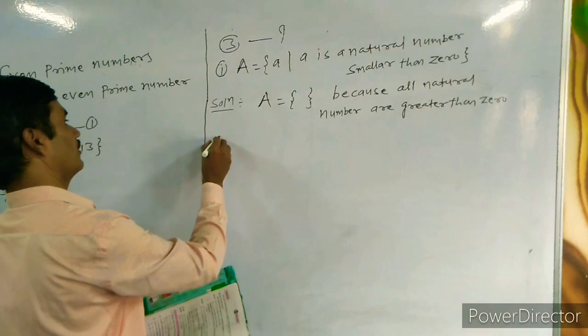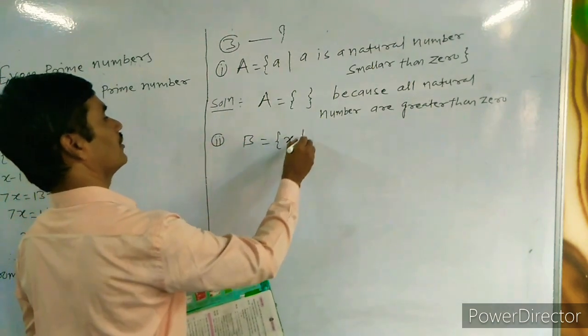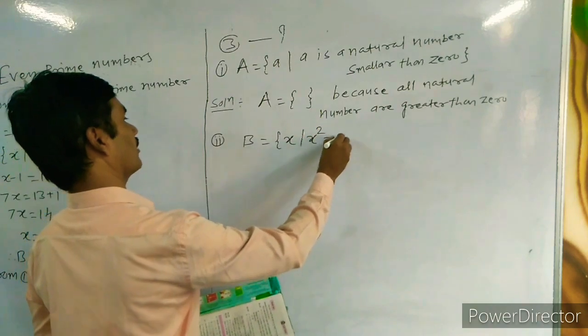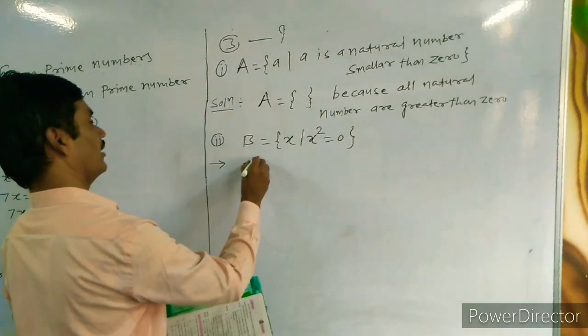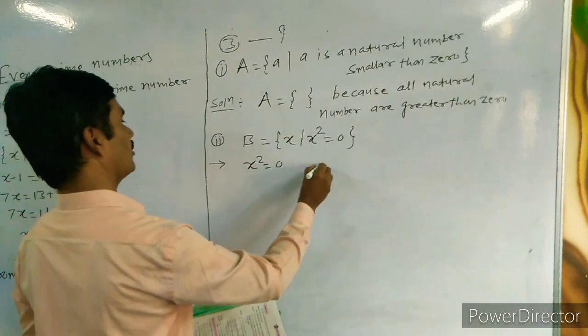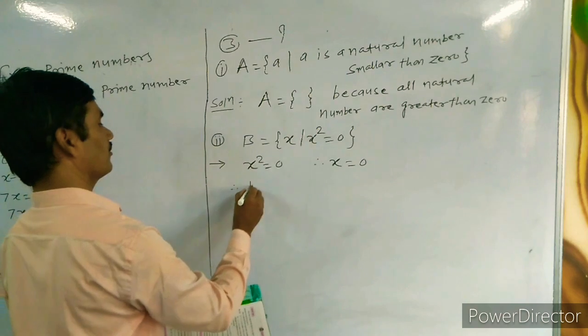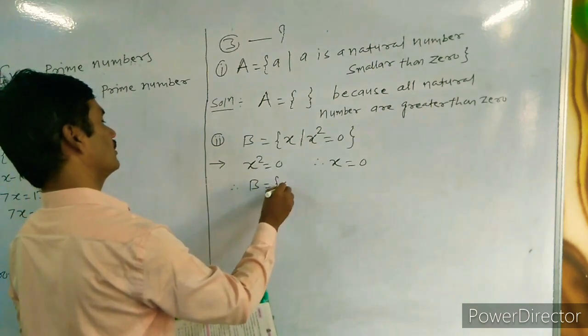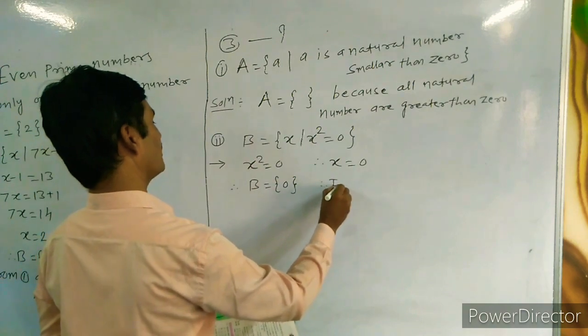Number second, B equal to curly bracket x such that x square equal to 0. X square equal to 0, taking square root both sides, x equal to 0. Therefore, B equal to {0} means it is not an empty set.